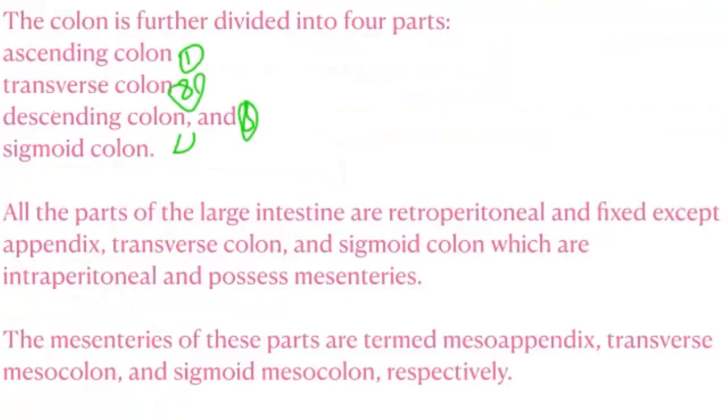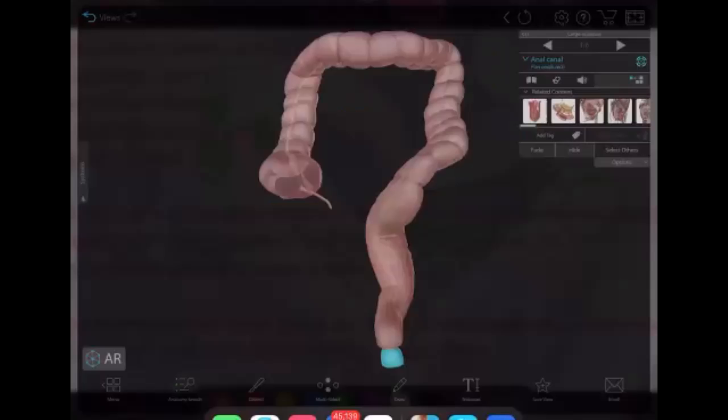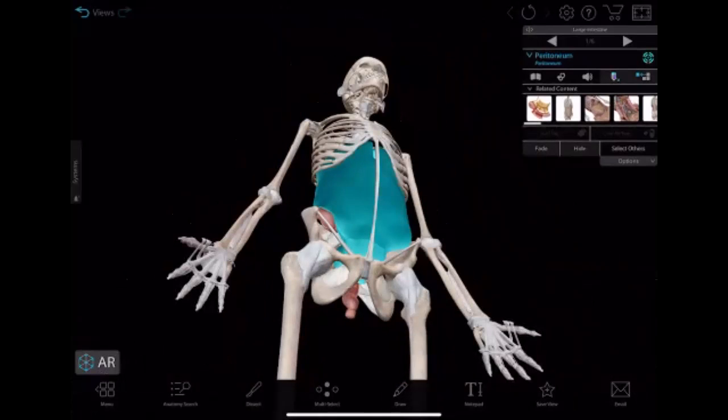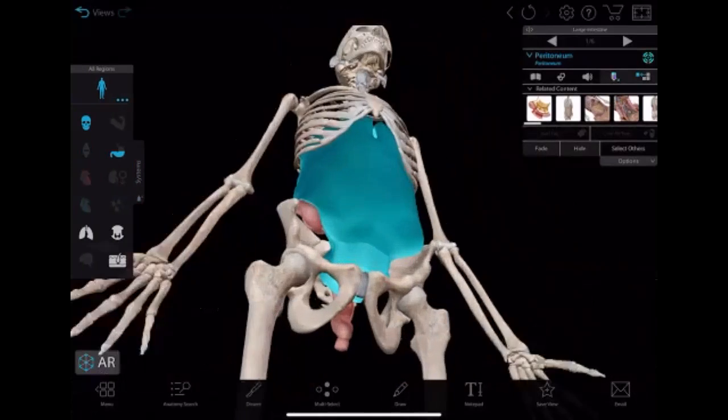All the parts of the large intestine are retroperitoneal and fixed, except the appendix, transverse colon, and sigmoid colon, which are intraperitoneal and possess mesenteries, right? So we'll see.